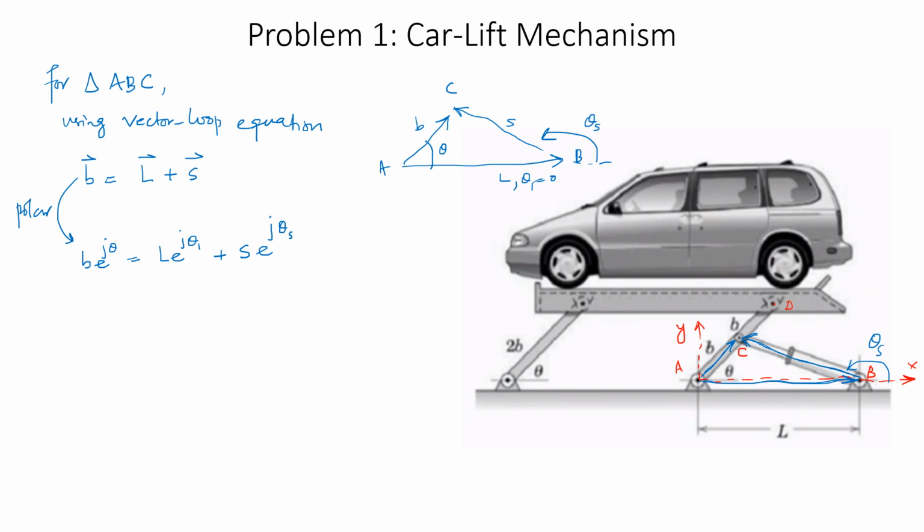So this is the vector loop equation defined in the polar form, and now you can use the Euler notation to construct the two equations corresponding to real and imaginary axis.